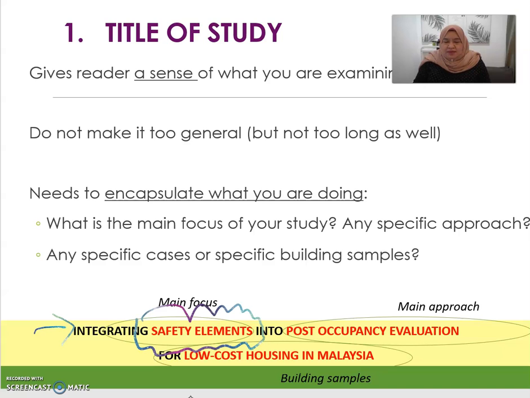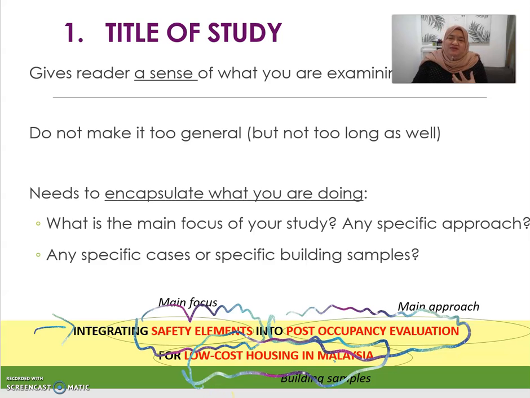The main approach is the post-occupancy evaluation. And the building sample is the low-cost housing in Malaysia. So, by looking at the title, your reader or your evaluator will know what your research is all about.